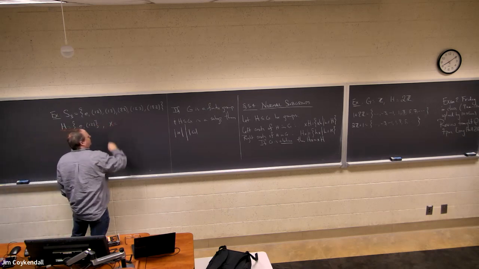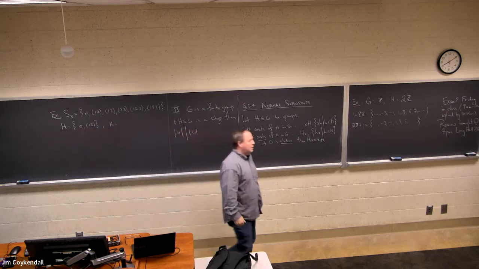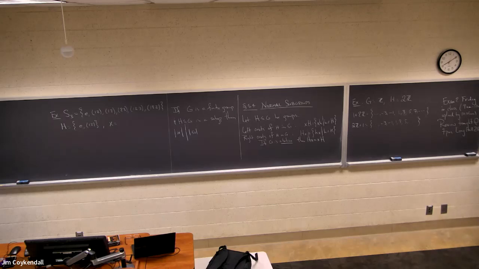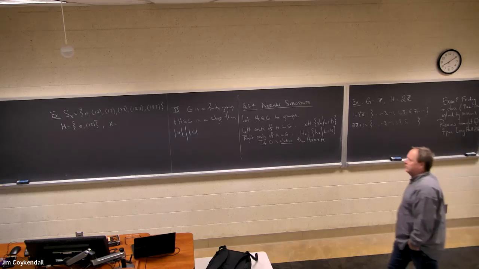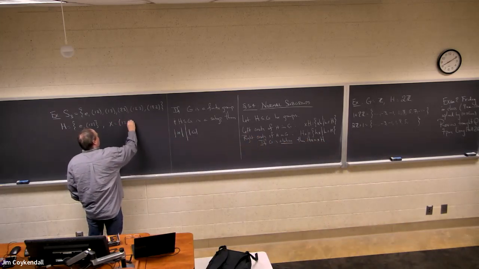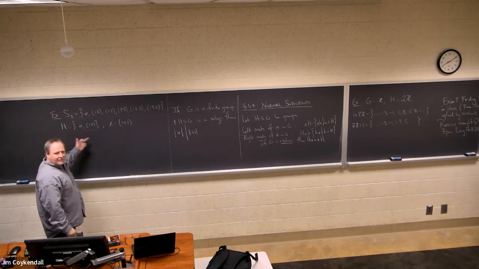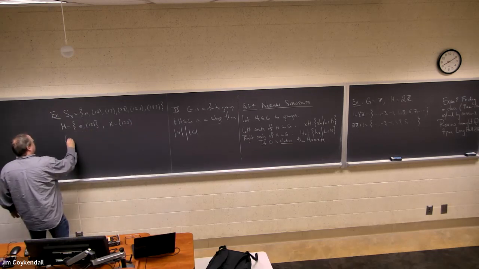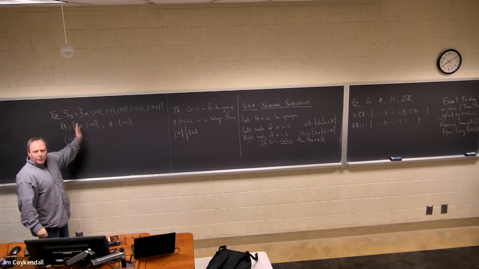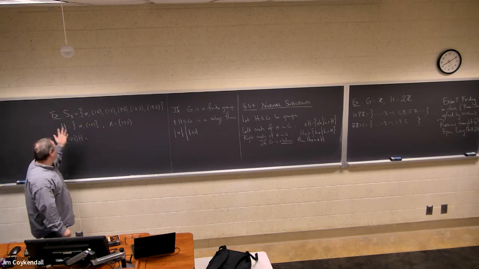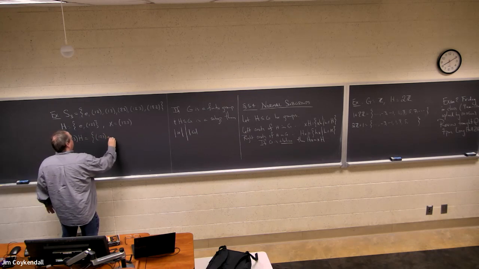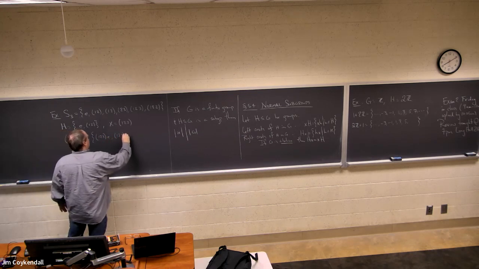In this case, pick me any element of S3. Okay, how about (1 2 3)? Let's look at this left coset. Basically, that just means I cruise through the elements of H and multiply on the left by (1 2 3). So I get (1 2 3)E and (1 2 3)(1 2).